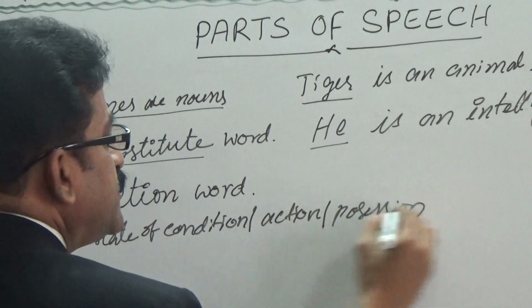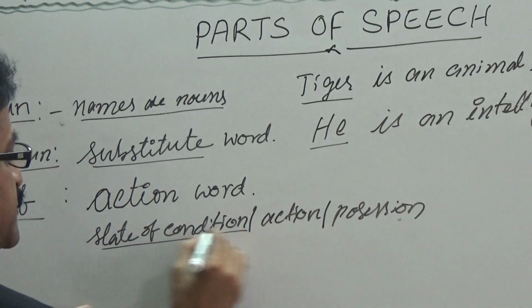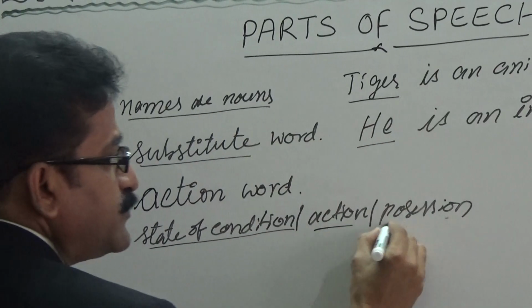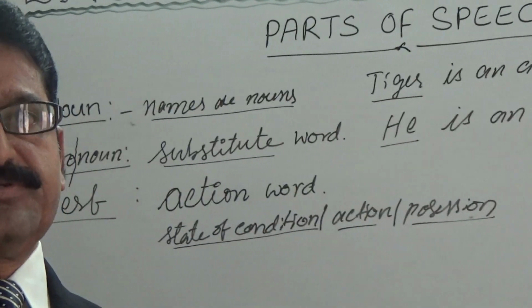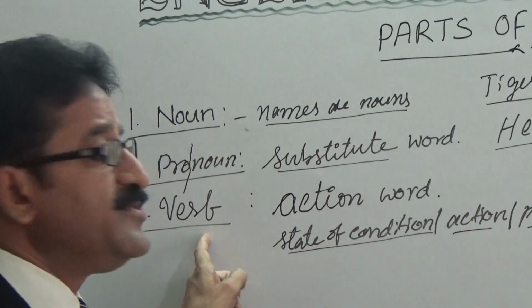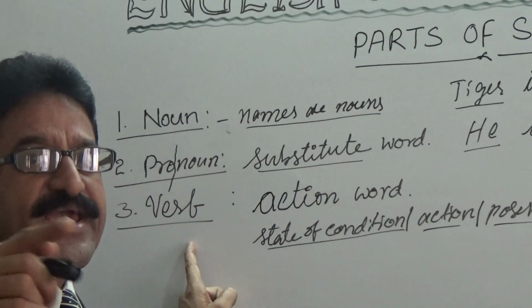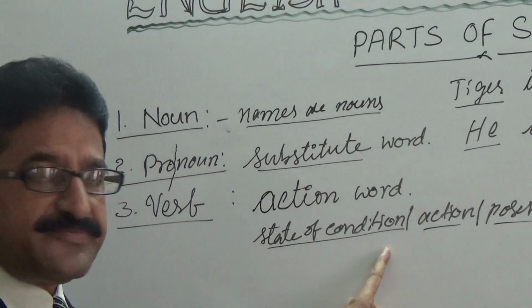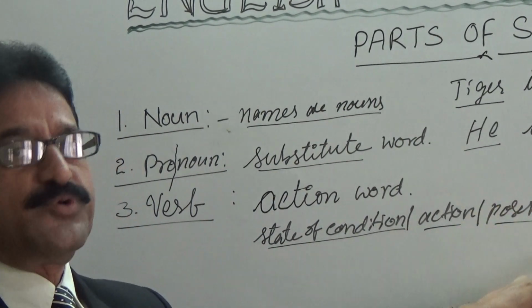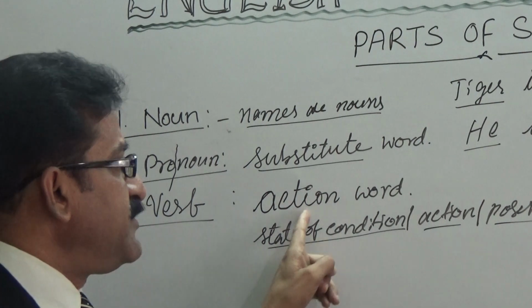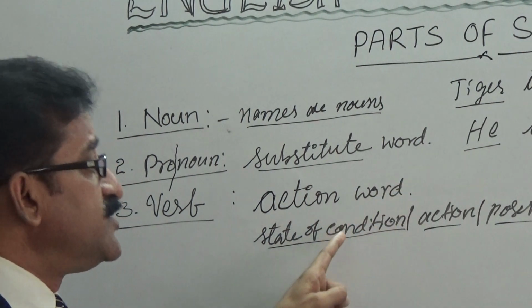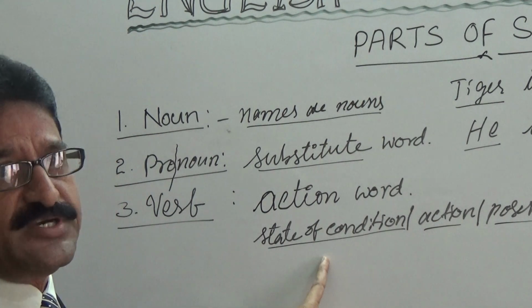These are what we have to remember. Verb is a word which is used to explain about a state of condition, an action or a position. Simply we are mentioning it as action word, but these are the three things we have to consider.